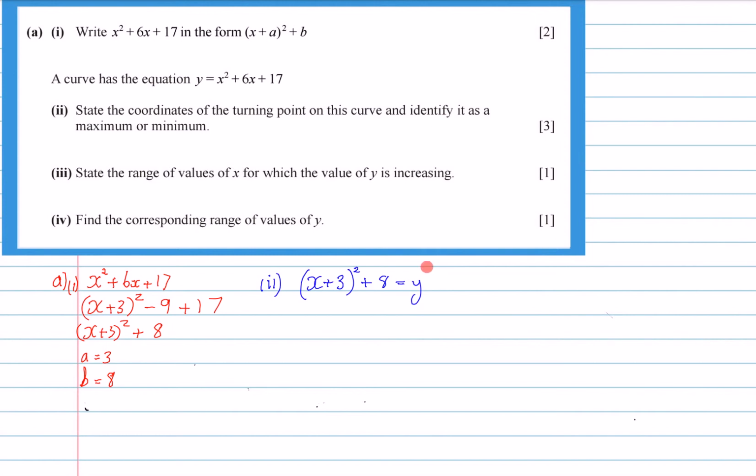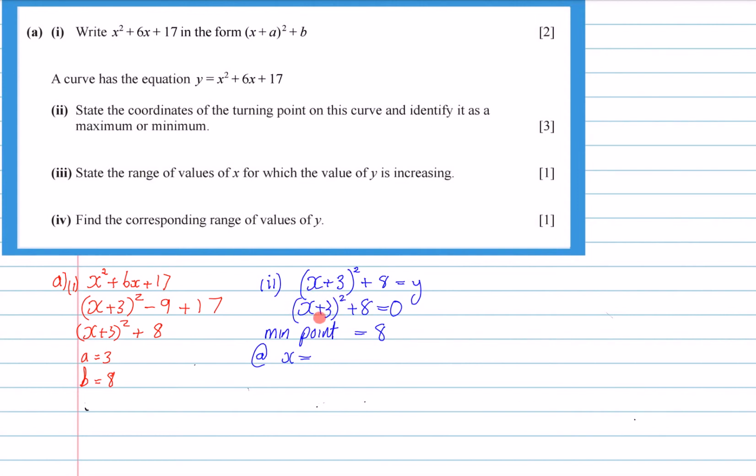Right, so we need to make sure we write out our equation here. We have our x plus 3 all squared plus 8. Now it's going to be equal to y. If we put this equation equal to 0, then we're able to tell what the minimum point is. So we've got x plus 3 all squared plus 8 is equal to 0. Therefore our minimum point is going to be 8 at x is equal to, let's look at what the x value will be.